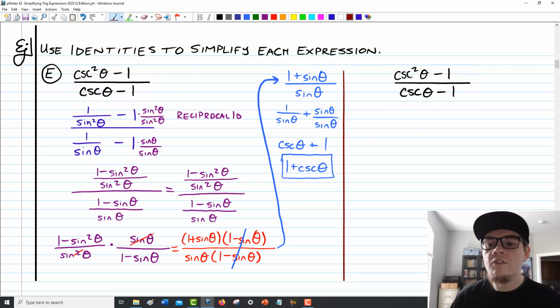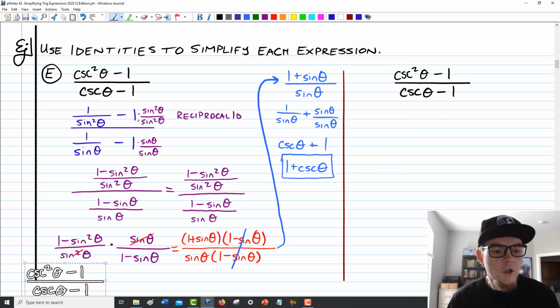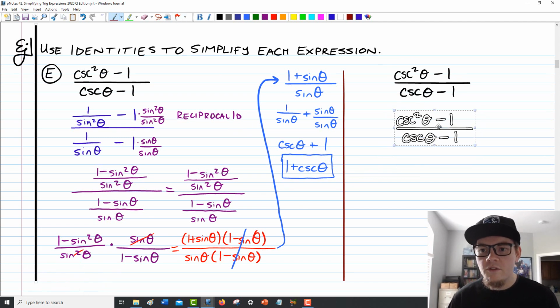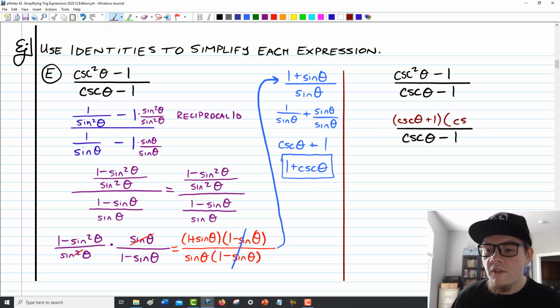If we start with cosecant squared minus 1 over cosecant of theta minus 1, you might notice that the numerator is itself a difference of squares. So I'm going to rewrite it as a difference of squares: cosecant of theta plus 1 times cosecant of theta minus 1.